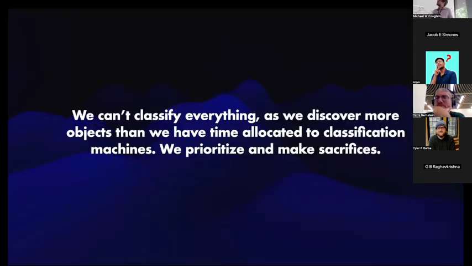And so one point to make, because spectroscopic resources are limited, you can't classify everything. Typically, these surveys, especially something like Rubin, you're going to discover way more objects than you possibly have time to classify. And so the prioritization part is critical. Again, we're coming back to the science cases you care about.